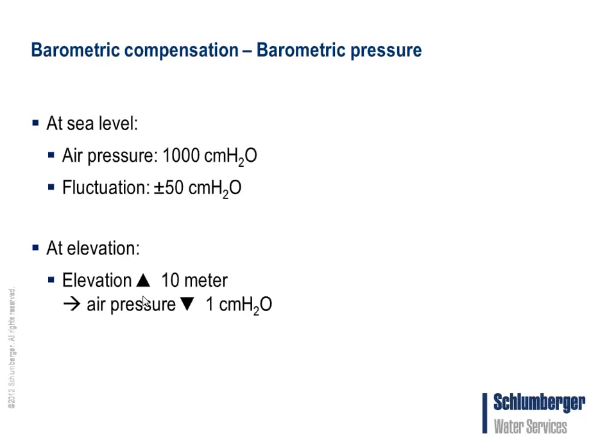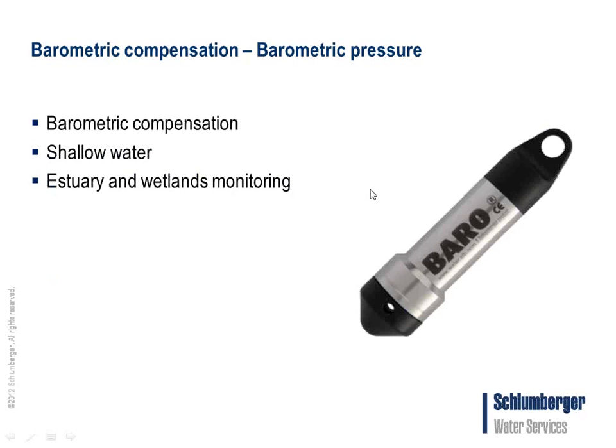Also, if you go up in elevation, for every 10 meters you go up, the air pressure decreases by about 1 centimeter. For barometric compensation, you can use a barodiver. A barodiver can also be used if you want to measure shallow water levels, so for estuary and wetlands monitoring, it's also suitable.